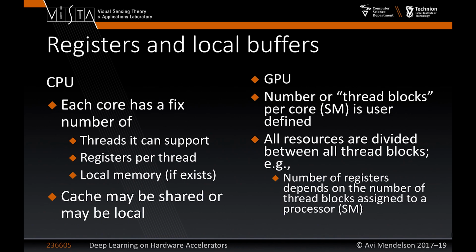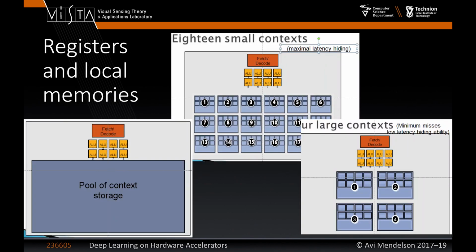So for them, actually, it is the same. If we just look at the structure, you have a pool of storage, and this pool of storage can be divided into a large number, small number, etc.